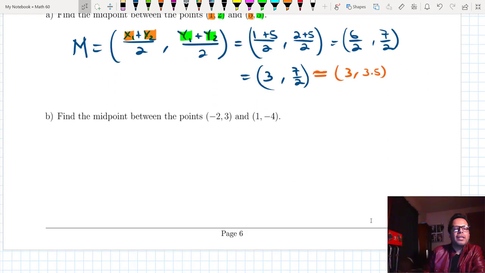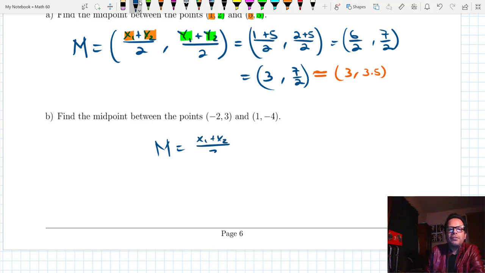Let's do one more and we call it a day for this section. So the midpoint, which is x1 plus x2 divided by 2, comma y1 plus y2 divided by 2. Let's highlight the x's, -2 and 1. Those are going to be there. And let's highlight the y's here and there.